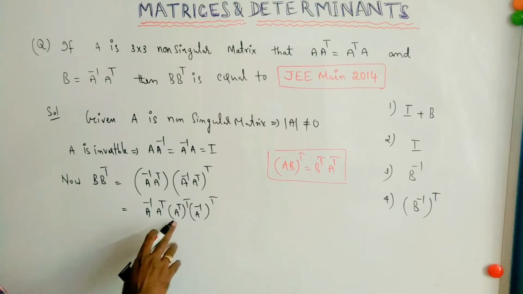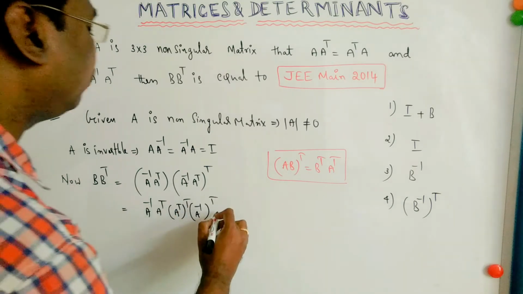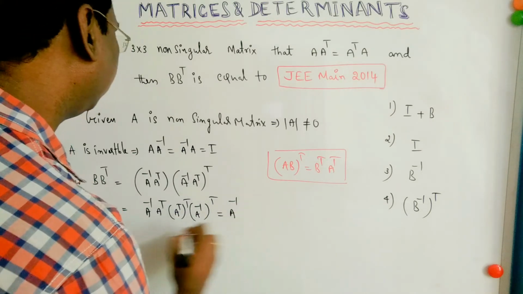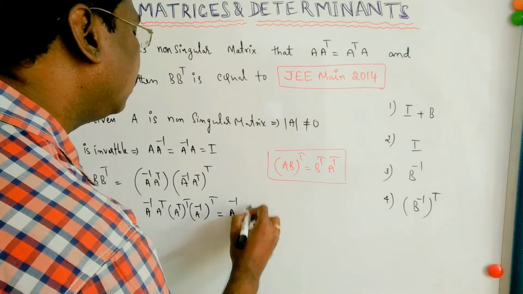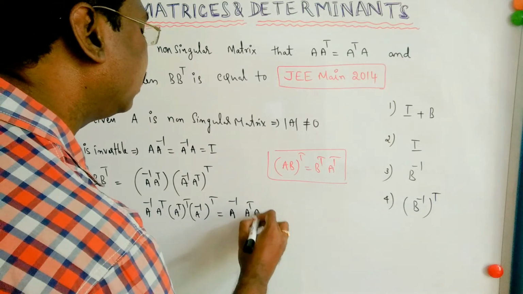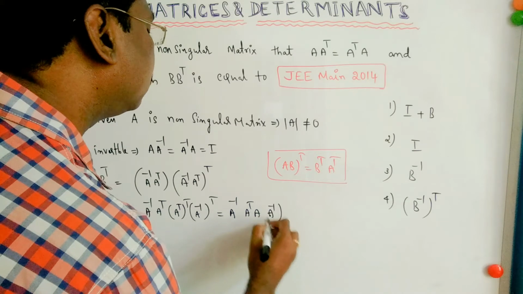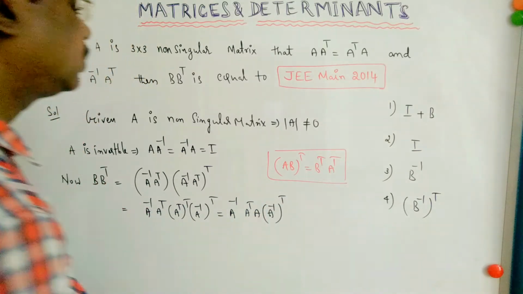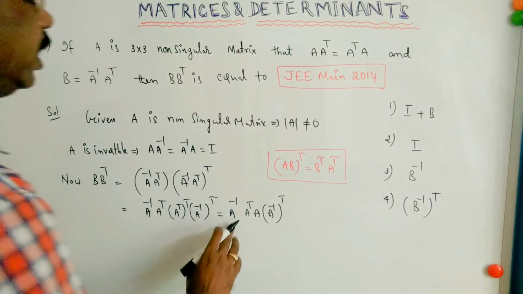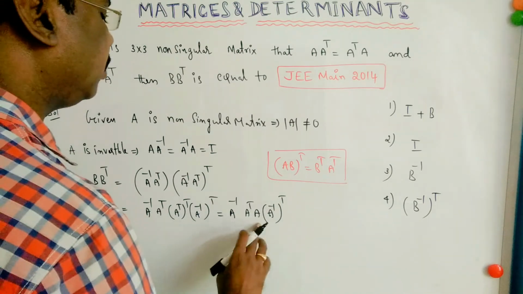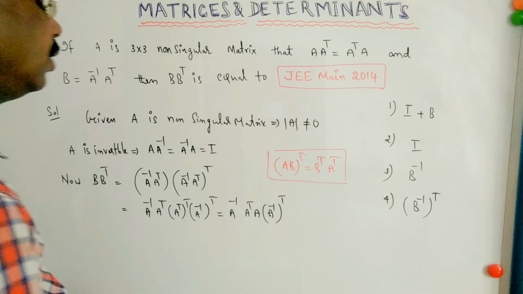Now A transpose whole transpose equal to A. Now A inverse into A is equal to I, and A into A inverse is equal to I.